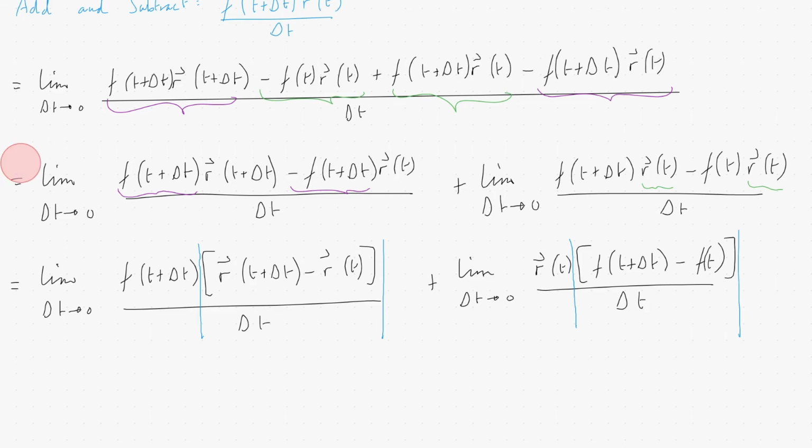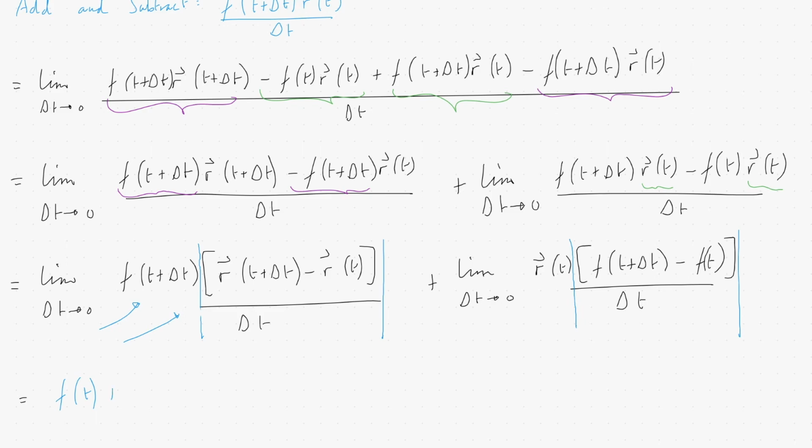And taking away this line, it's fairly easy to see that as we take the limit as delta t goes to 0 of the first term here, this f of t plus delta t, well, all that's going to give us is f of t. And for the second part, well, we know that the limit as delta t goes to 0 of this is exactly the same as the definition above.